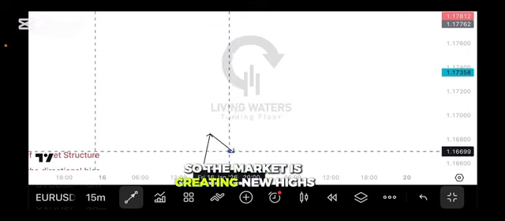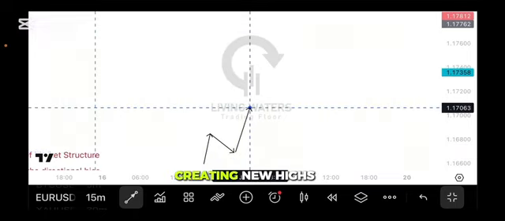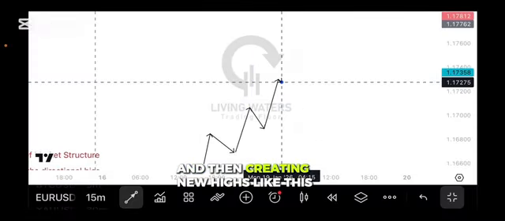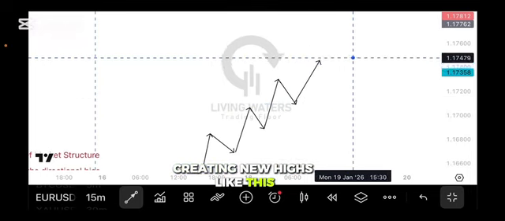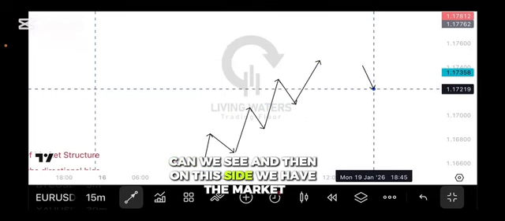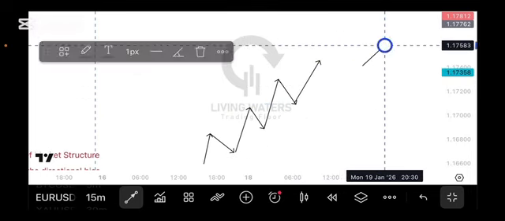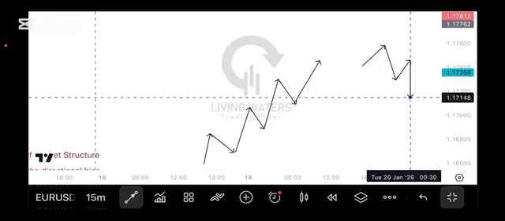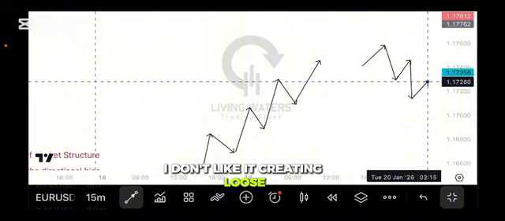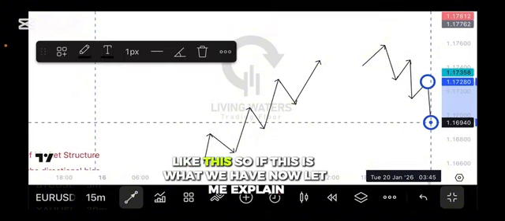The market is creating new highs, and then creating new highs like this. Can we see? And then on this side the market is creating lows like this.